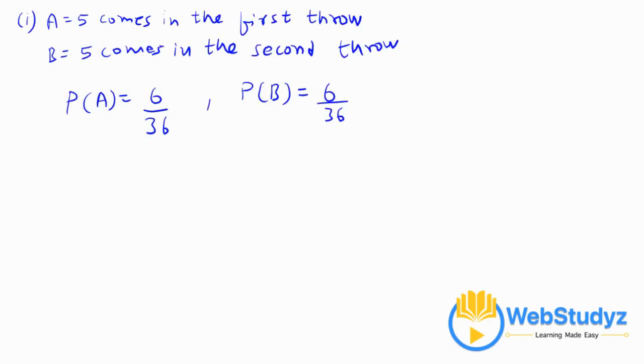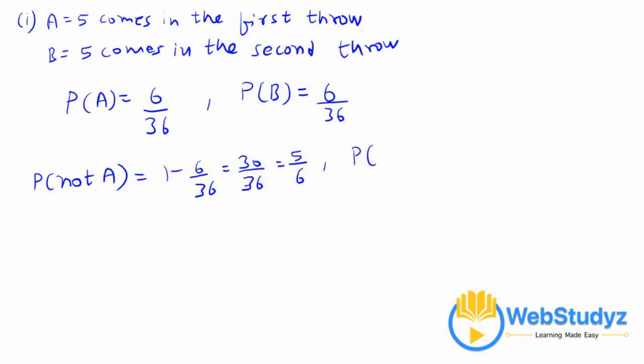So this way the probability when 5 will not come in the first throw will be P of not A, which will be 1 minus 6 by 36, which is equal to 30 by 36, or we can say 5 by 6.